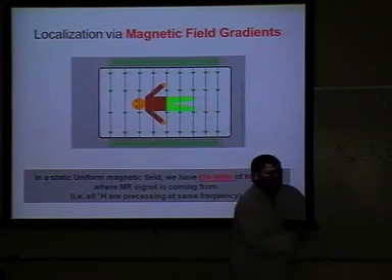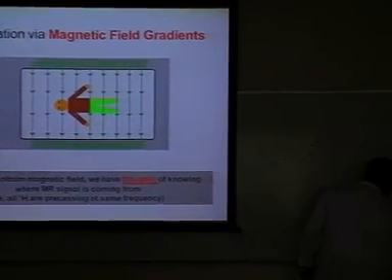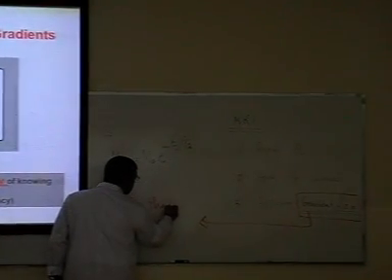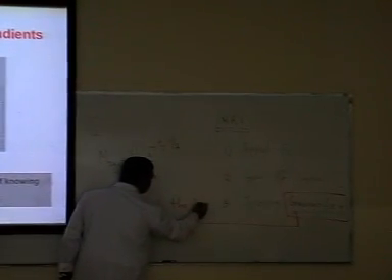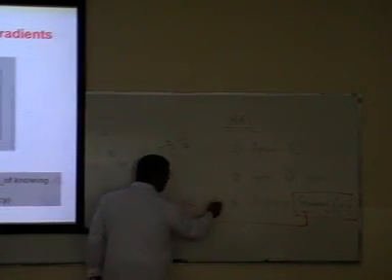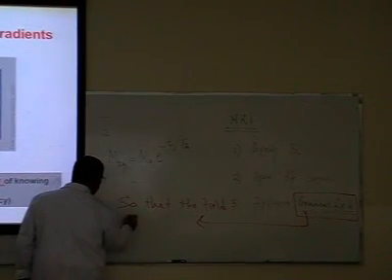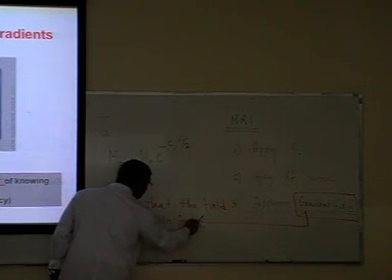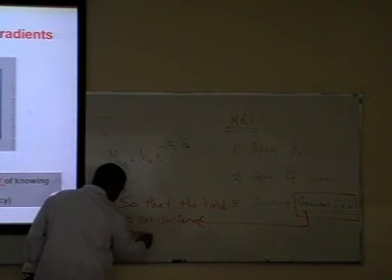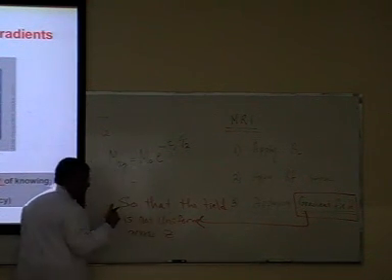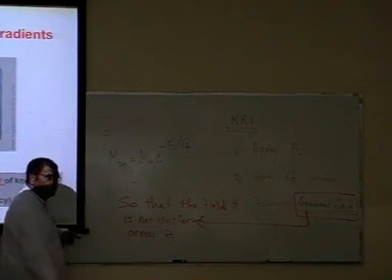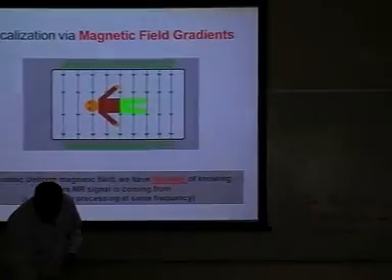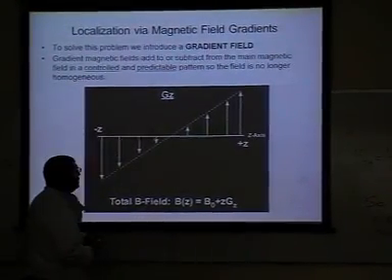So the effect of the gradient field is that the magnetic field is not uniform across Z. You know what Z is, right? The long axis of the patient. Let's see if I have a diagram for that.